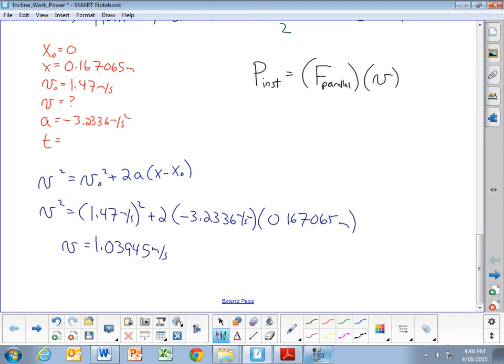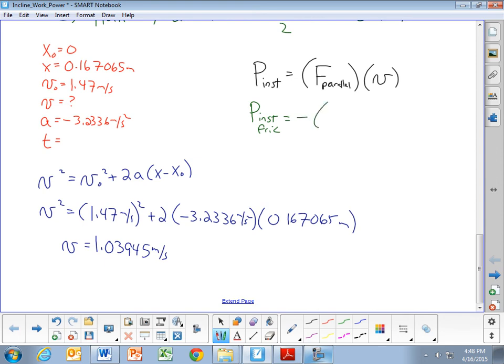So now, for the instantaneous power generated by friction, first of all, the force of friction is opposite the direction it's moving, so this instantaneous power would be negative.